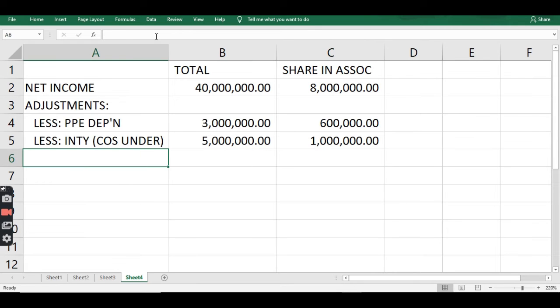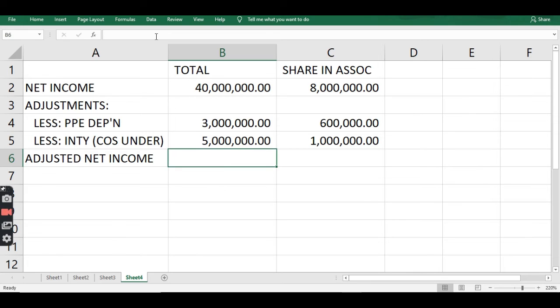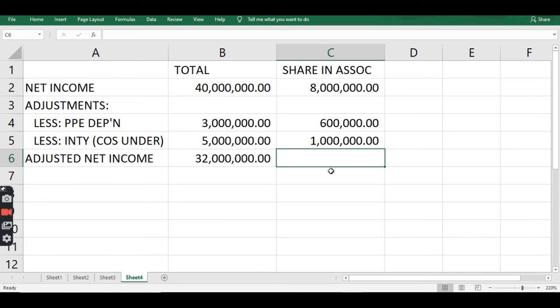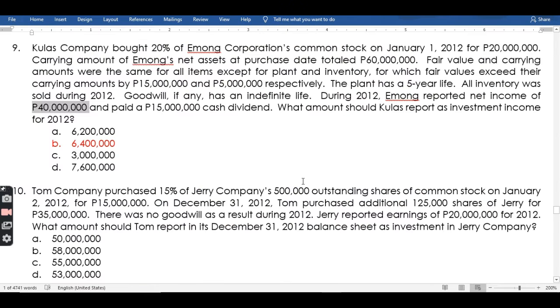Okay? So yan yan. So ngayon, ang lalabas dyan will be yung adjusted net income natin. Ang adjusted net income natin ngayon will be equal to ito, minus ito, minus ito. Okay? Kung ang pinag-uusapan natin yung sa associate lang, then that's going to be ito, minus ito, minus ito. So, meron tayong 6.4 dito. So, ngayon, ang tinatanong, magkano yung amount na i-report as income?